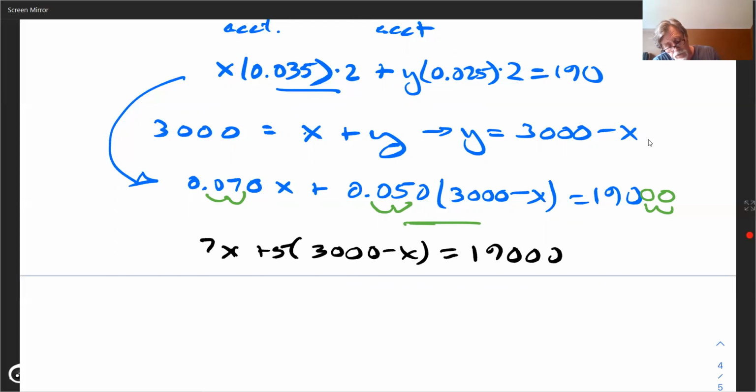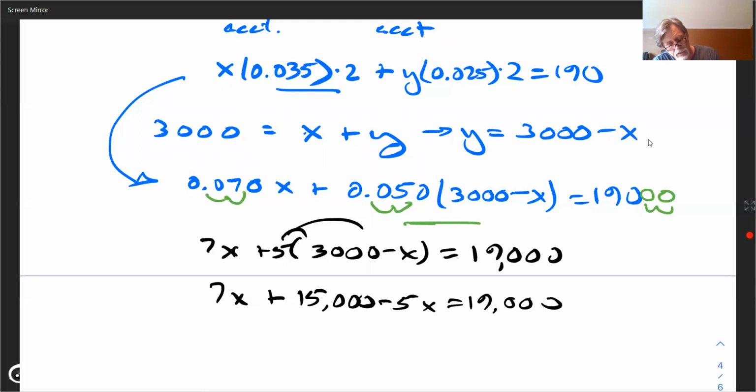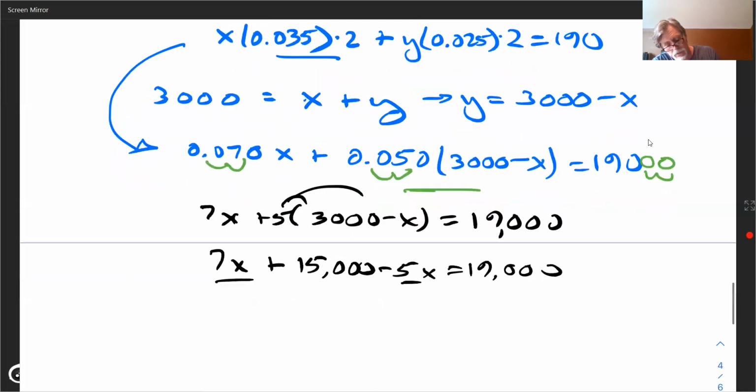Keep going. We distribute. The rest of you guys can solve this. Let's see who can get there first. We got 15,000. Over here's 19,000, minus 5x. I like to combine the terms. So that's a 2x.